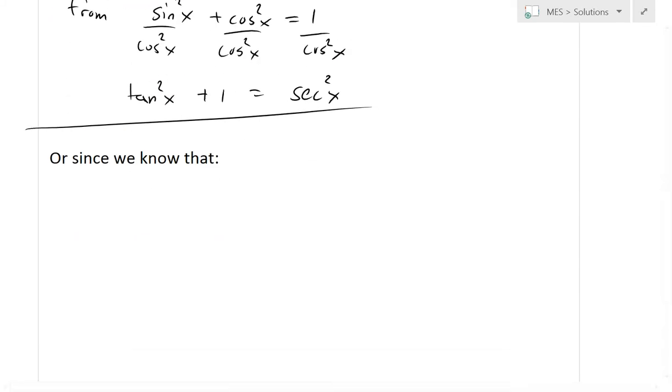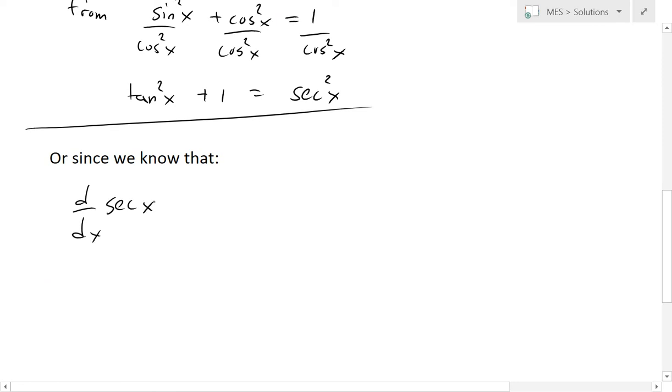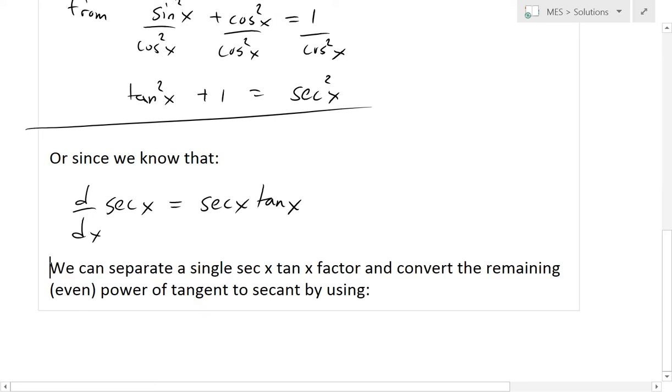Or, since we know that the derivative of secant of x equals secant x tan x, we could separate this secant x tan x and then convert the remaining into secant. That's what I wrote right here.